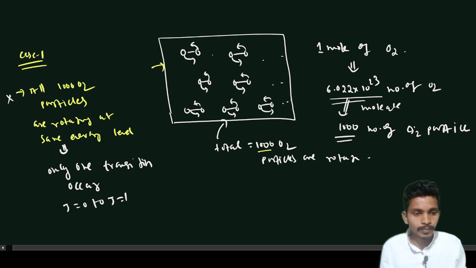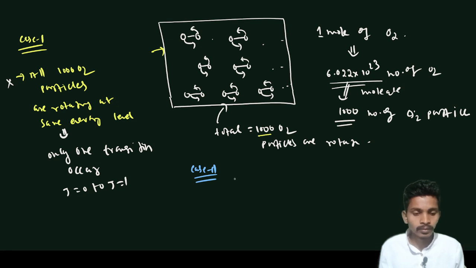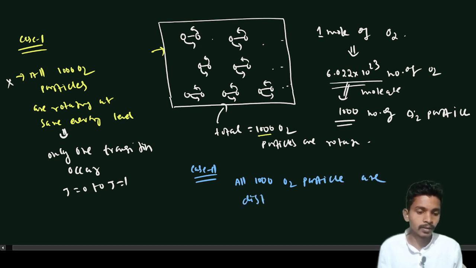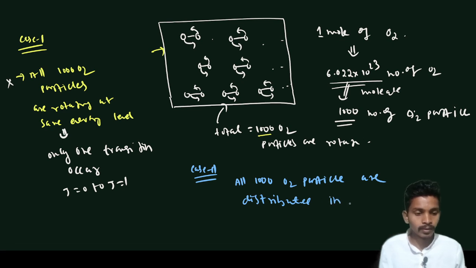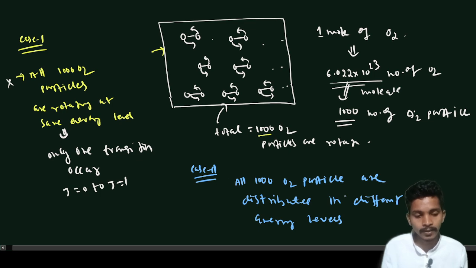Next, case 2: all 1000 O2 particles are distributed in different energy levels.